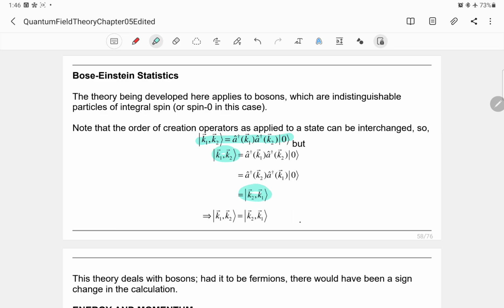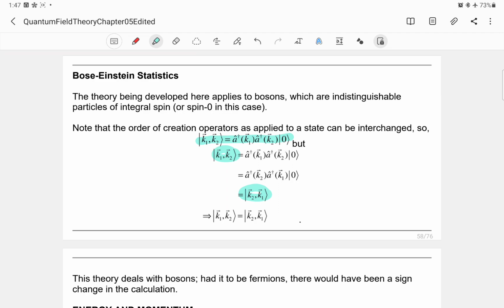And as you can see, you have changed the order of momentum of the two particles, but there is no change in sign, and so therefore you're dealing with bosons instead of fermions, because had it been fermions, then the change of positions of two momenta would have a negative sign, but there's no change, so therefore it's bosons, not fermions.